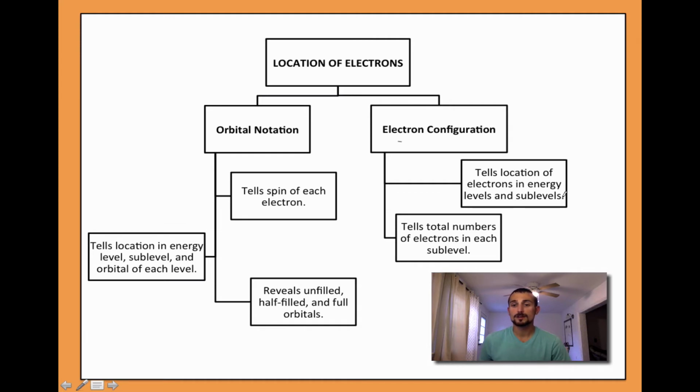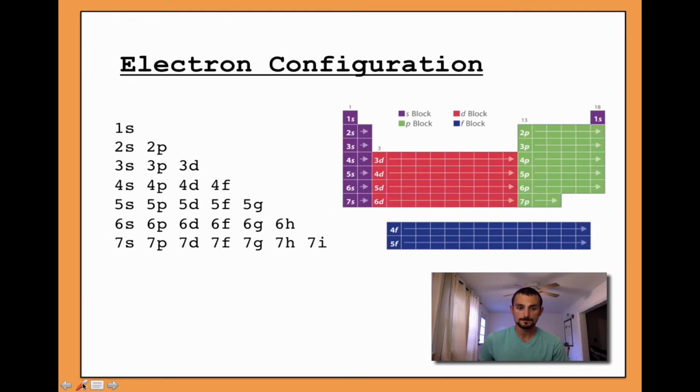So electron configuration only really tells us energy levels and sublevels and tells us the total number of electrons in each sublevel. Orbital notation deals with pictures. So we're seeing the spin of each electron, broken down all the way into the specific orbital, where we then see half-filled, unfilled, and fully filled orbitals. So a lot more detail than electron configuration gives us.